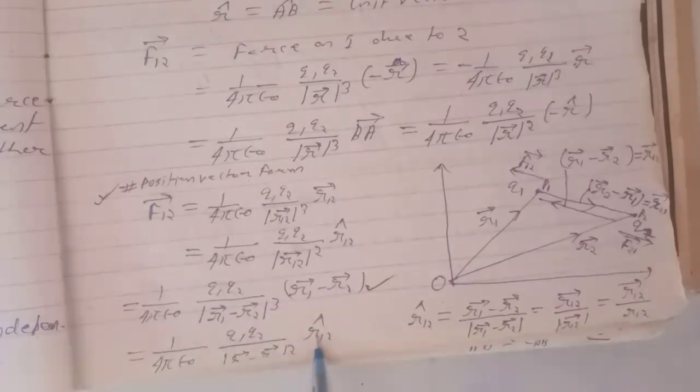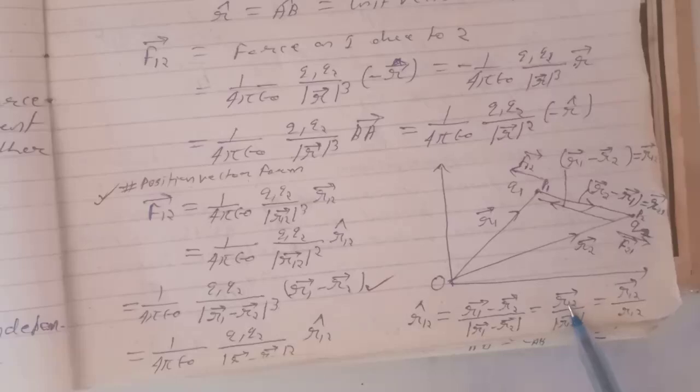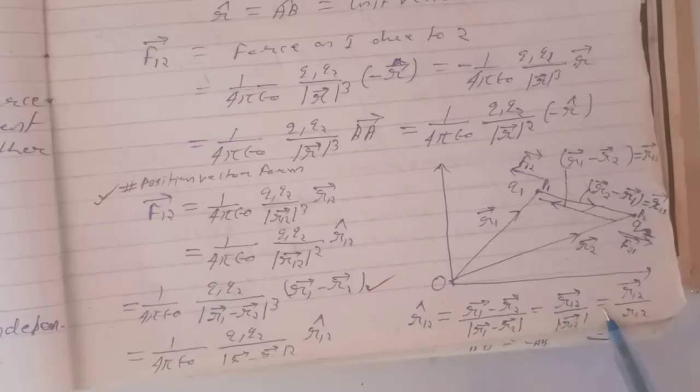But here only the unit vector is written, so this whole will be the magnitude of force. So r cap is r1 minus r2 by mod of r1 minus r2, which equals r12 vector by mod of r12, equals r12 vector by r12.